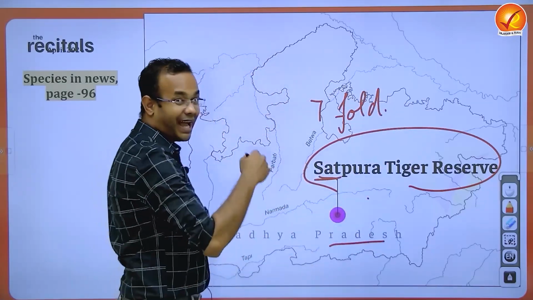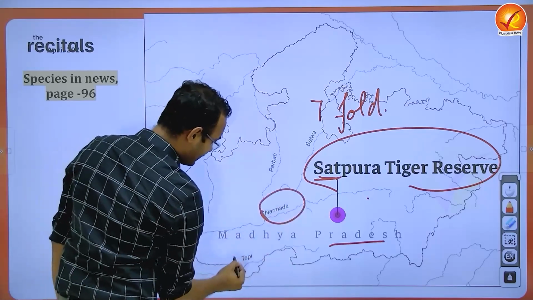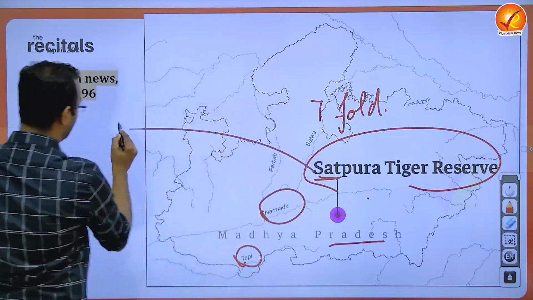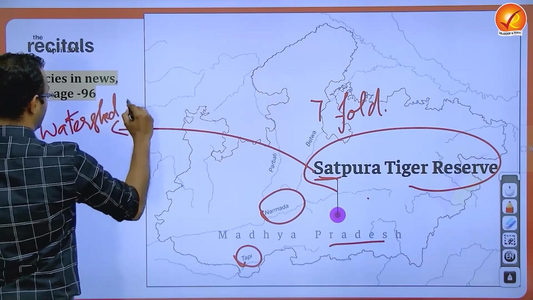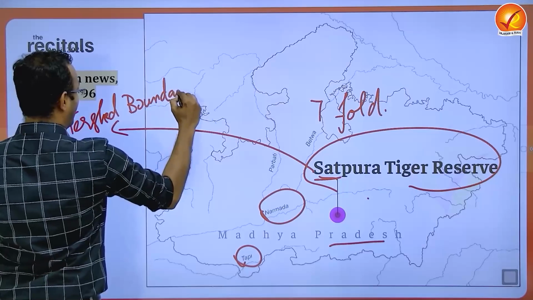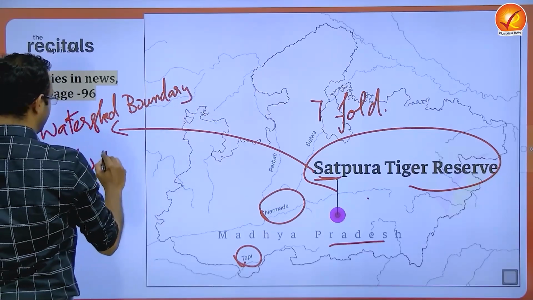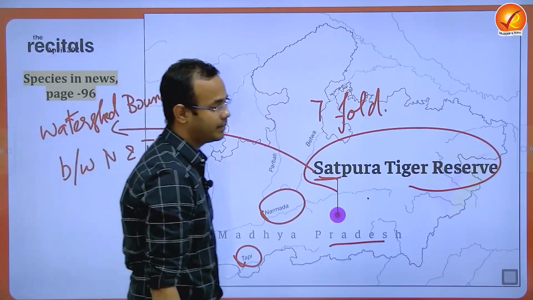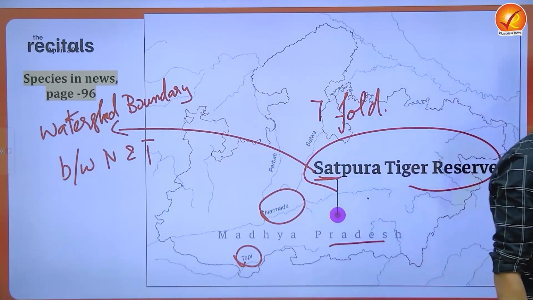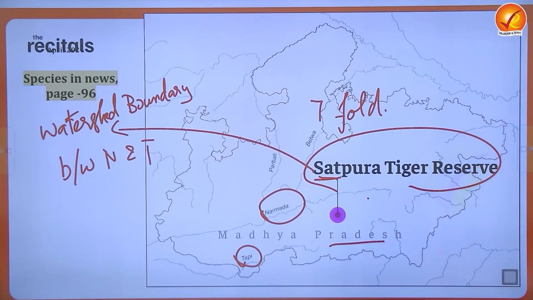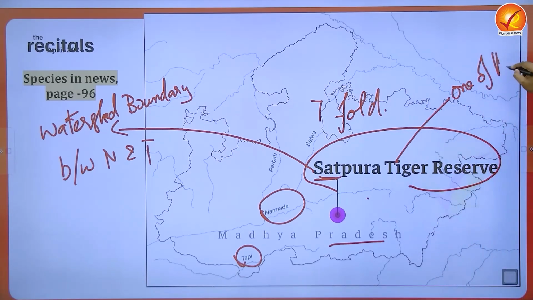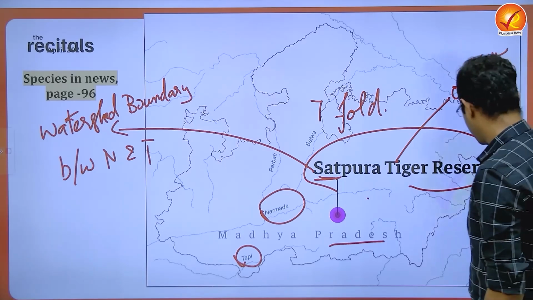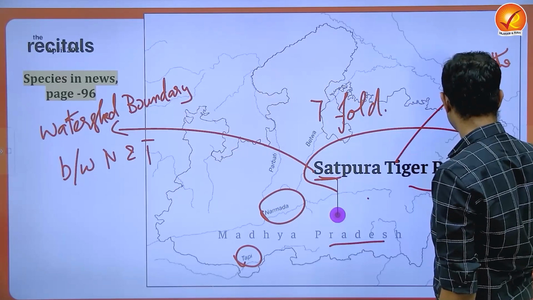So the Satpura acts as a watershed boundary between Narmada River and Tapi River. Then Satpura Tiger Reserve is one of the largest tiger habitats in the world.